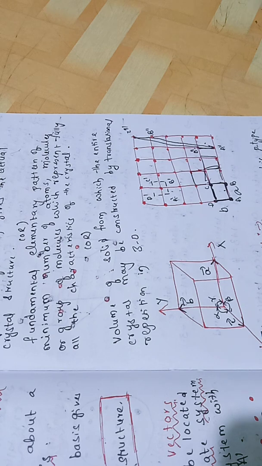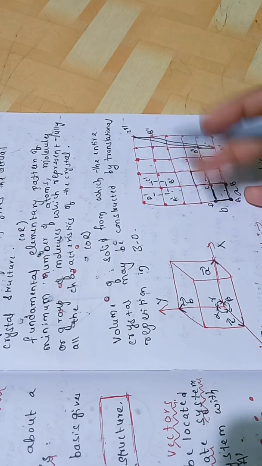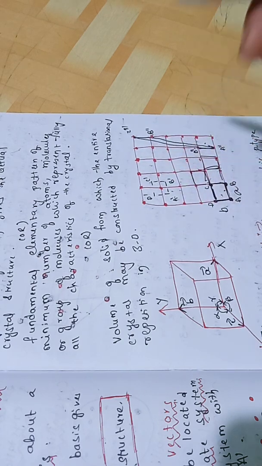Or simply, we can define it as the volume of solid from which the entire crystal is constructed by translational repetition.